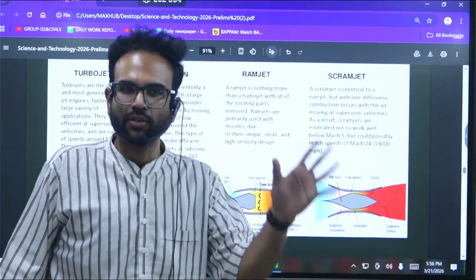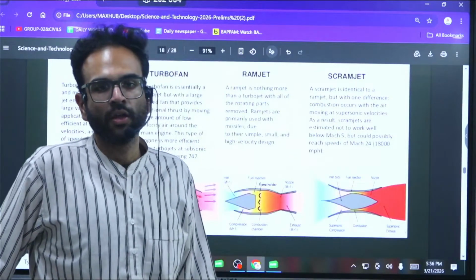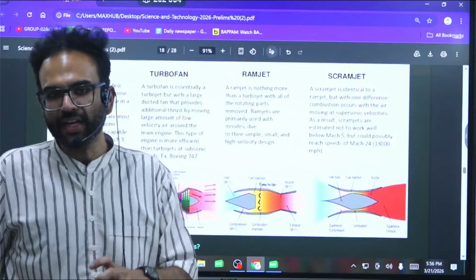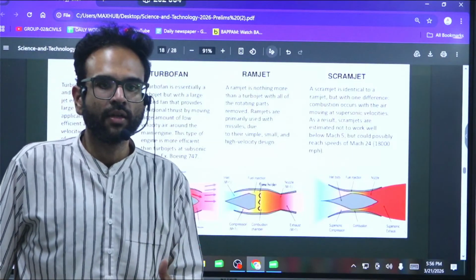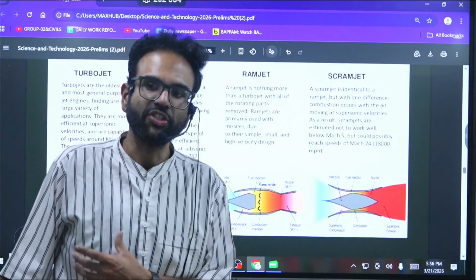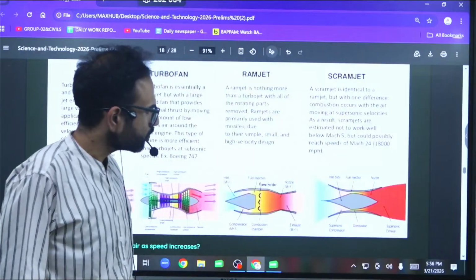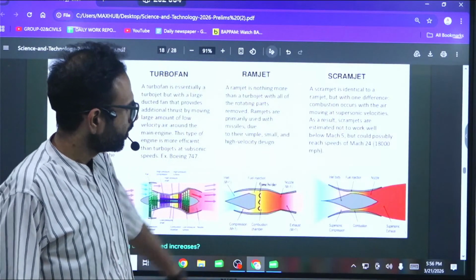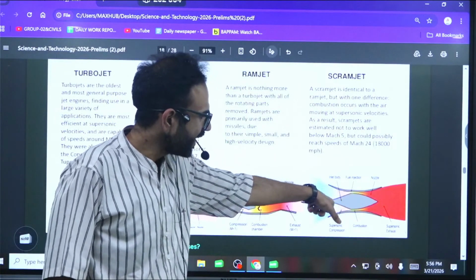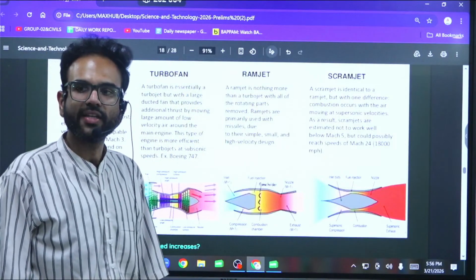The wind is so powerful, you're not closing the door. It is passing through, and yet you're trying to ignite the fuel by just engineering discipline. There are no moving parts. Just by using the shape of the aerodynamics, we're creating that highest thrust.